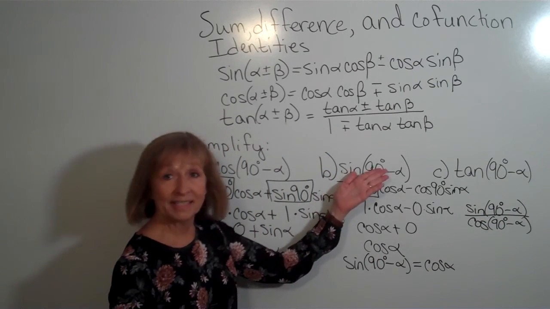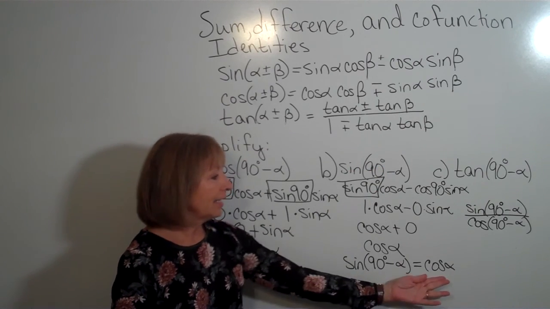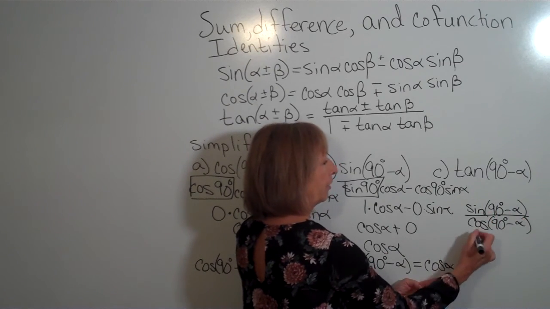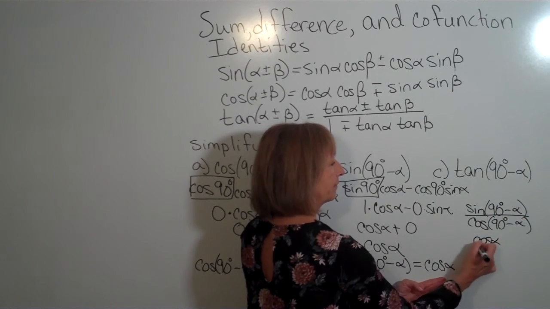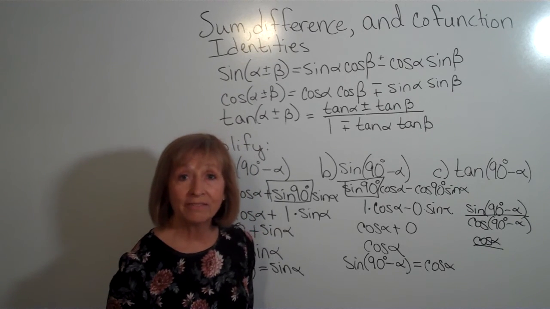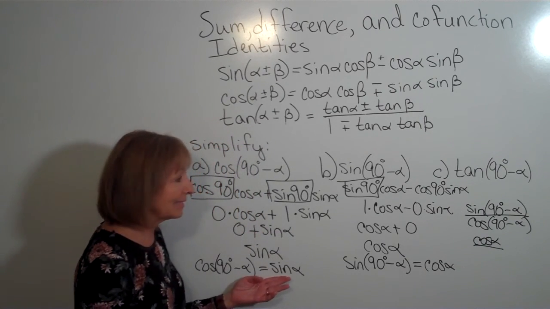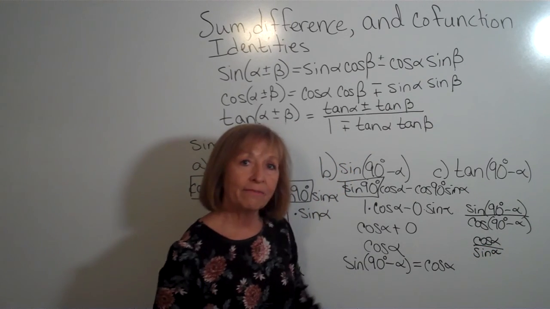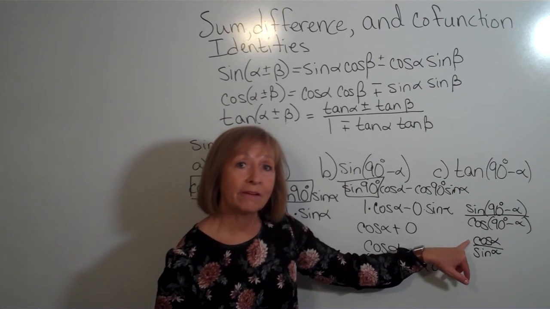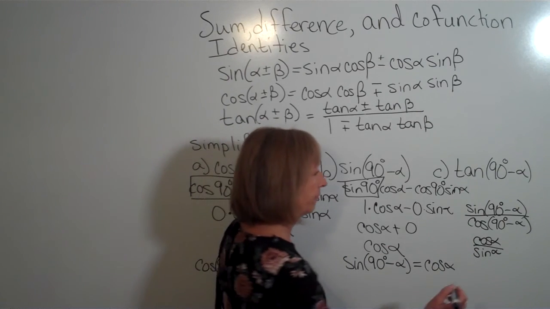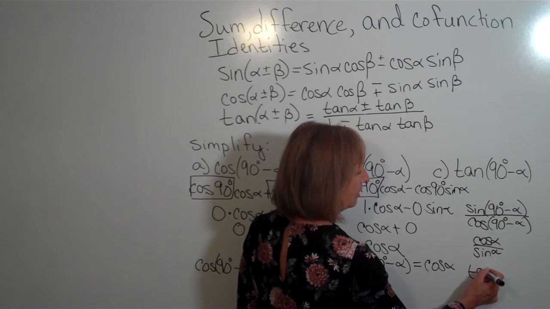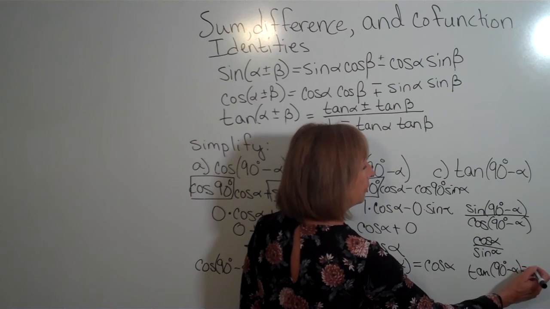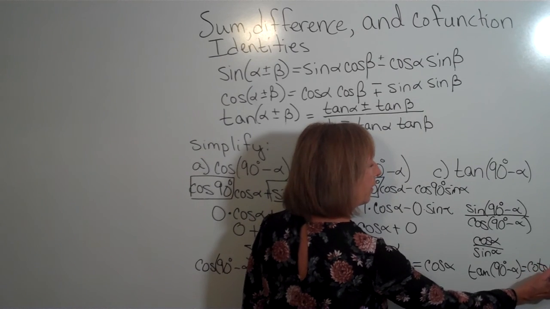But I just saw that the sine of 90 degrees minus alpha is the same as the cosine of alpha. So I can take this numerator and replace it with the cosine of alpha. The cosine of 90 degrees minus alpha is the same as the sine of alpha. And if I have the cosine of alpha divided by the sine of alpha, that's the cotangent of alpha. So we get that the tangent of 90 degrees minus alpha is equal to the cotangent of alpha.